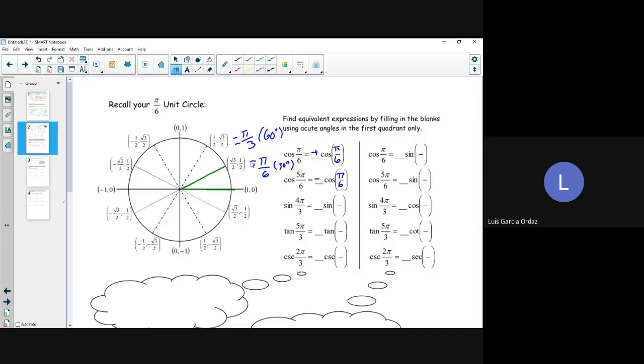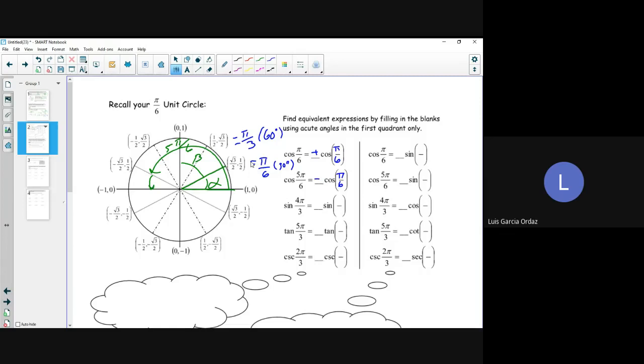The second one ended up in the second quadrant, so from 0 to here is 5 pi over 6, and we need to figure out the remaining acute angle.